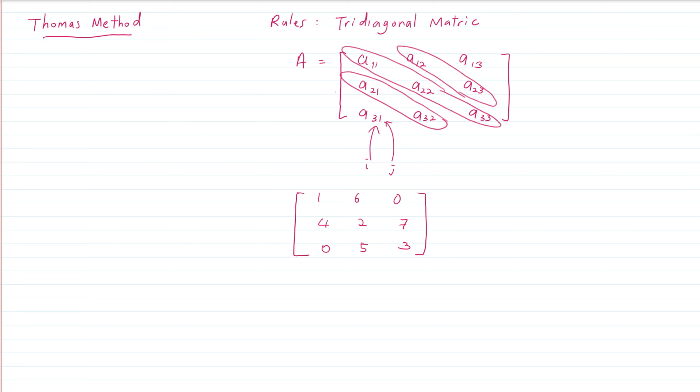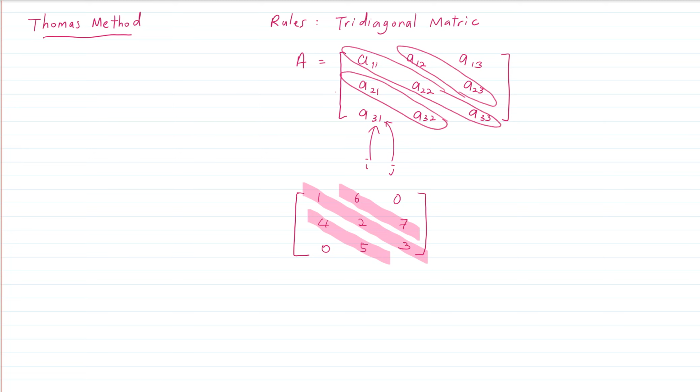Okay, only 3 diagonals, starting with the center, then the entry on top and the one at the bottom. Only 3 diagonals have value, the rest must be 0.